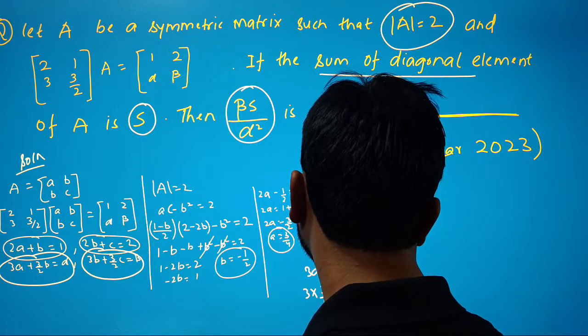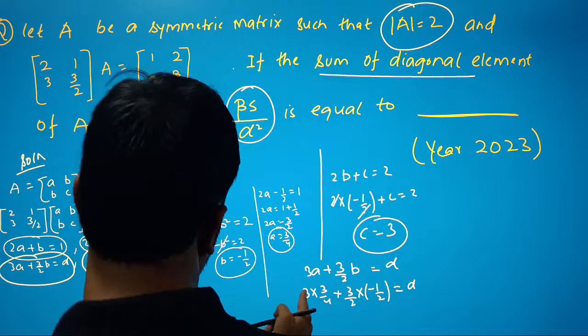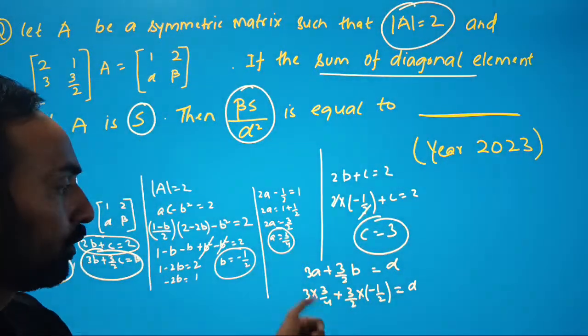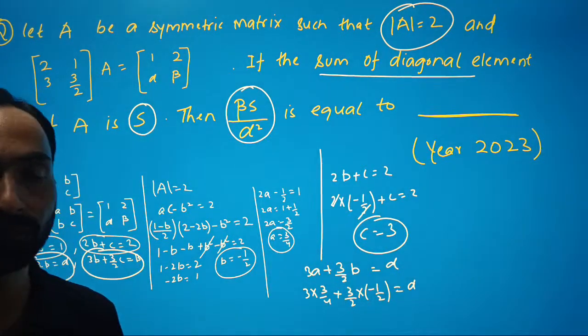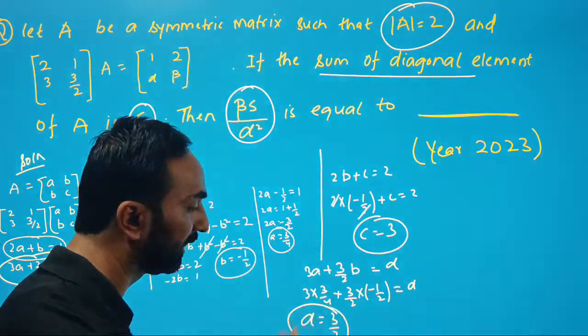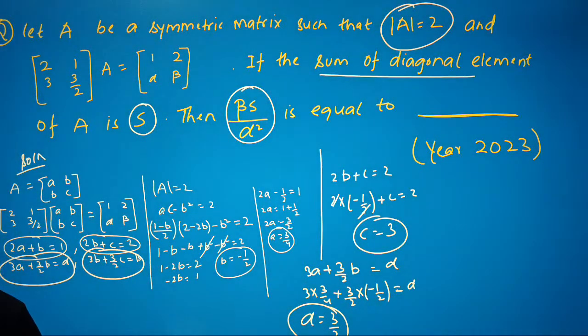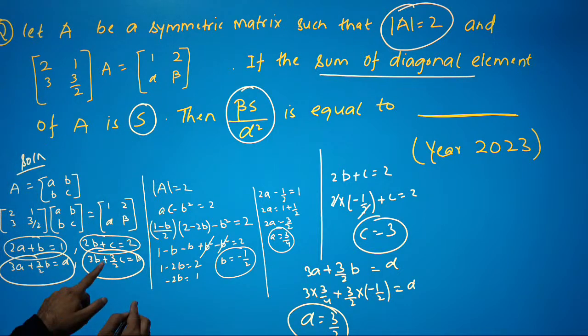Solving this, this is equal to 9 upon 4 minus 3 upon 4, which is 6 upon 4, and the value of alpha is 3 upon 2, right?